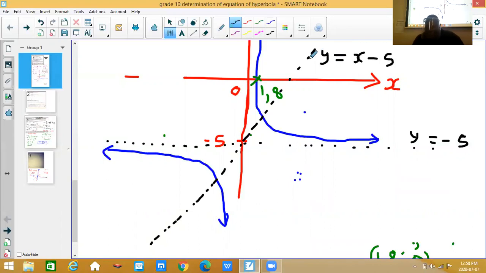This line of symmetry, this one, it is the point on which the graph cuts the x-axis. Yes. So this line must not pass through here.